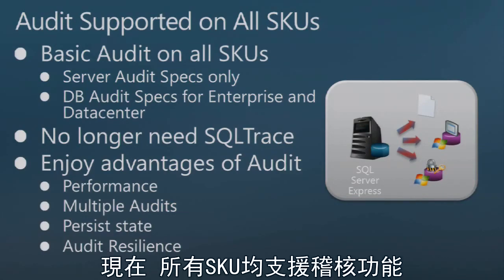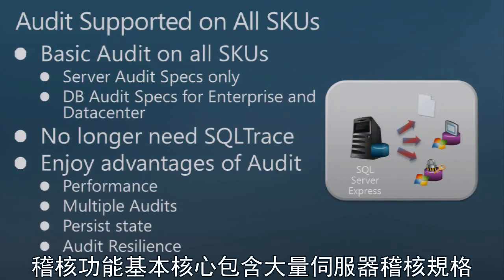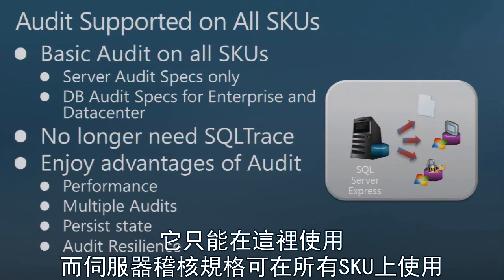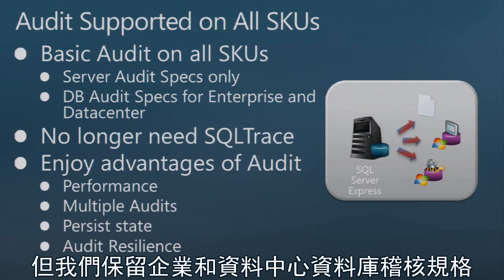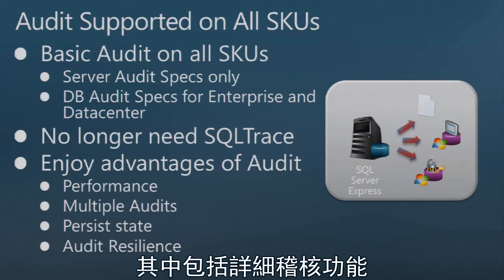Audit is now available on all SKUs. The basic core audit functionality includes server audit specifications. The server audit specifications are available on all SKUs, but we reserve the database audit specs, which include the granular audit capabilities, for Enterprise and Data Center.